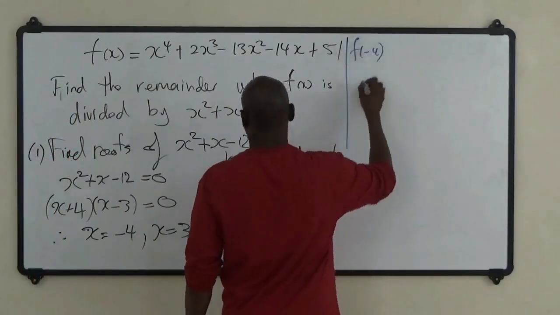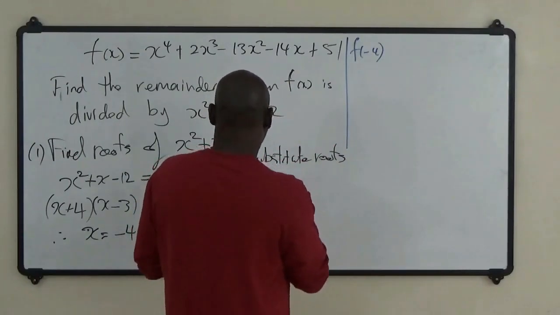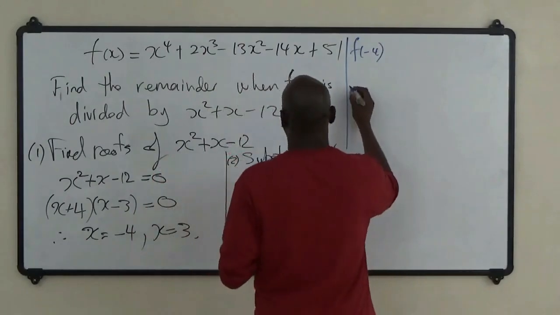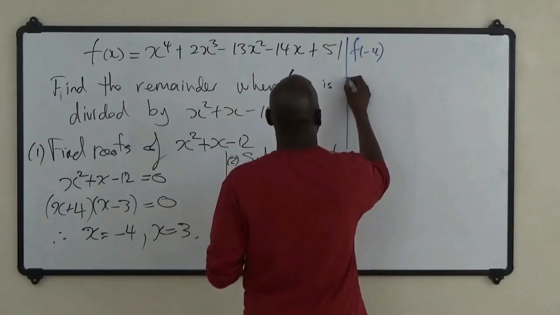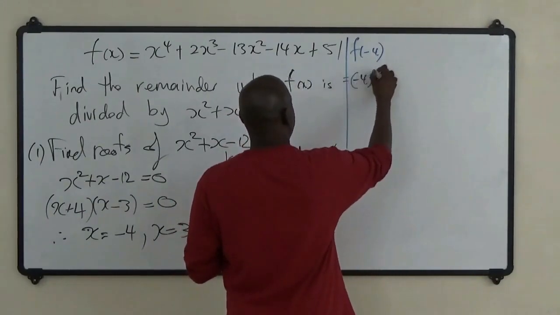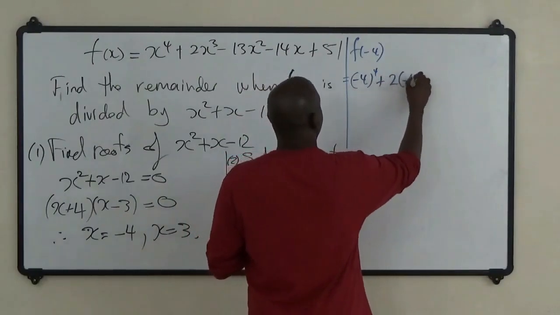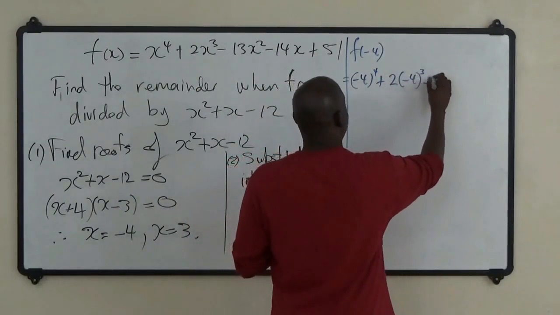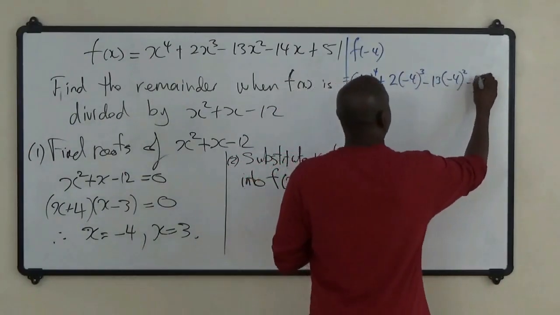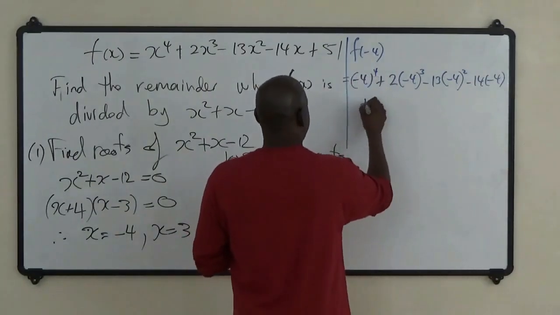f of minus 4 is equal to minus 4 to the power of 4 plus 2 by minus 4 cubed minus 13 by minus 4 squared minus 14 by minus 4, plus 51.